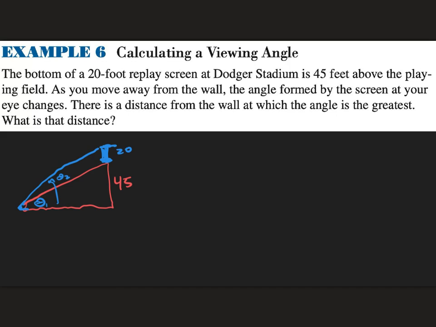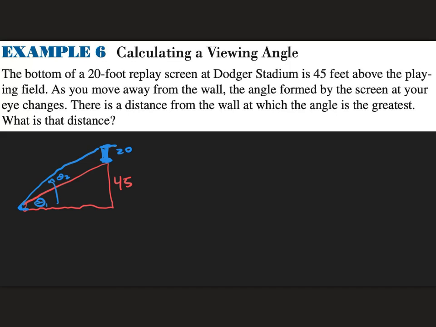As you move away from the wall, the angle formed by the screen at your eye changes. There's a distance from the wall at which the angle is the greatest. What is that distance? Okay, so let's calculate.